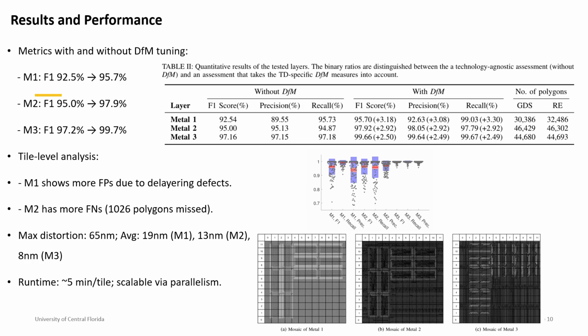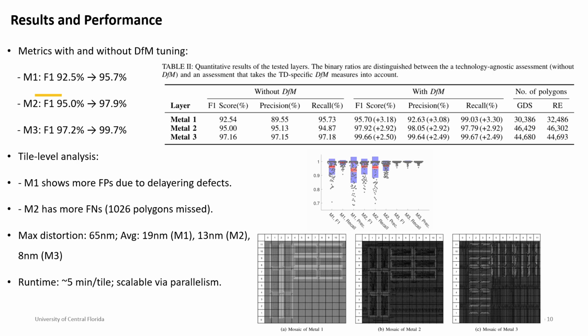Now the results. Without any tuning, the F1 scores for the 3 layers range from 92% to 97%. When the authors applied the DFM specific thresholds, the scores improved further, reaching up to 99.7% for M3. They found that most errors in M1 were false positives due to delayering artifacts, while M2 had more false negatives.